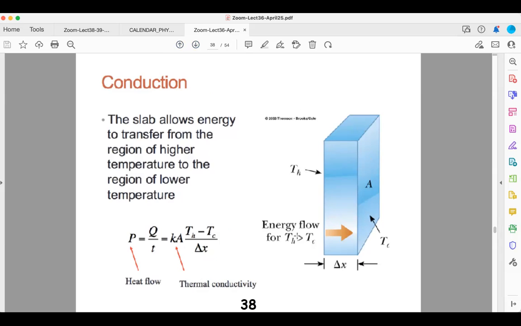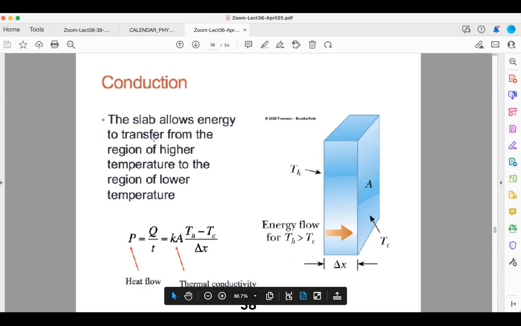It flows with the power, that is Q divided by t, where we have a thermal conductivity, the area of the slab, and delta T, T of the hot minus T of the colder, over delta x.